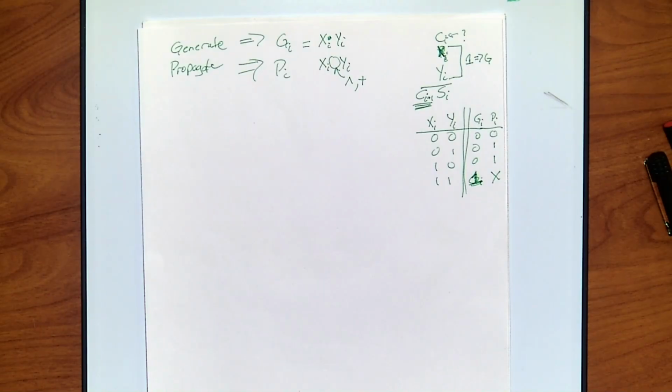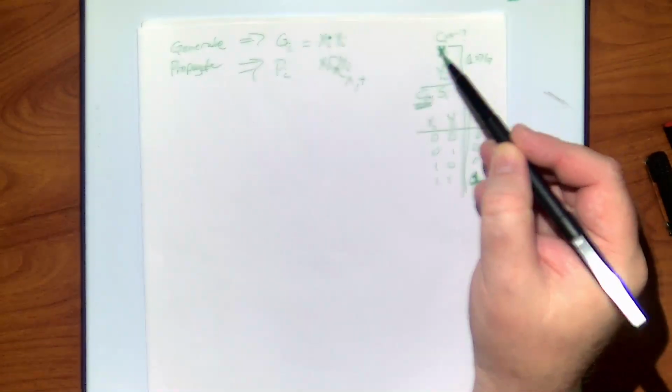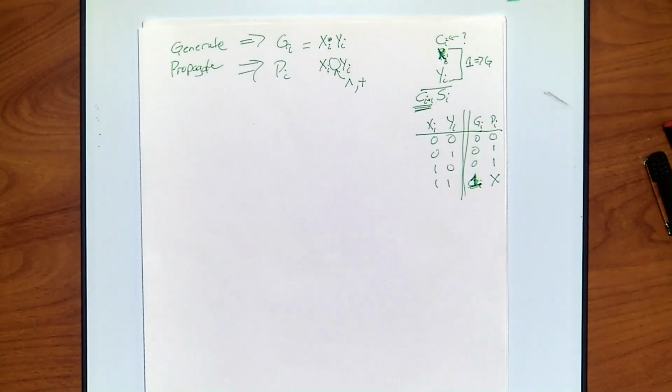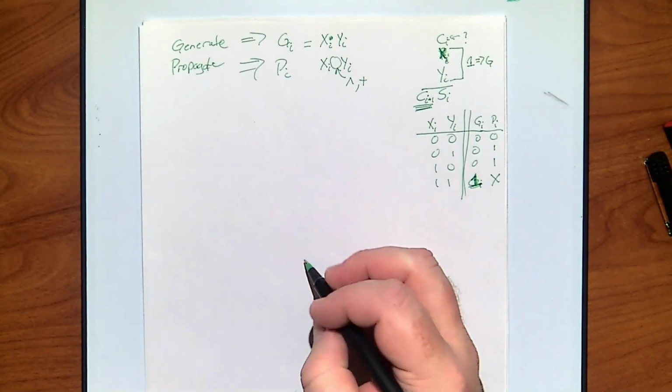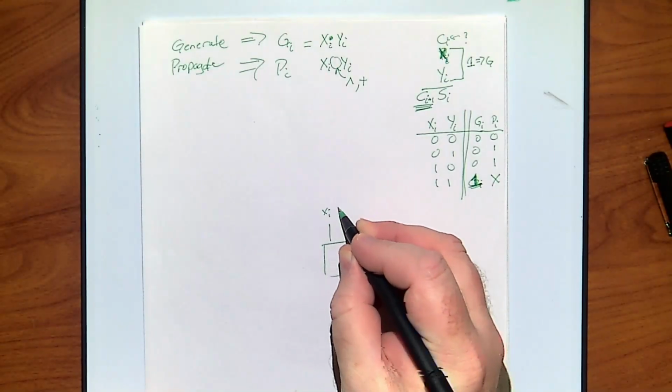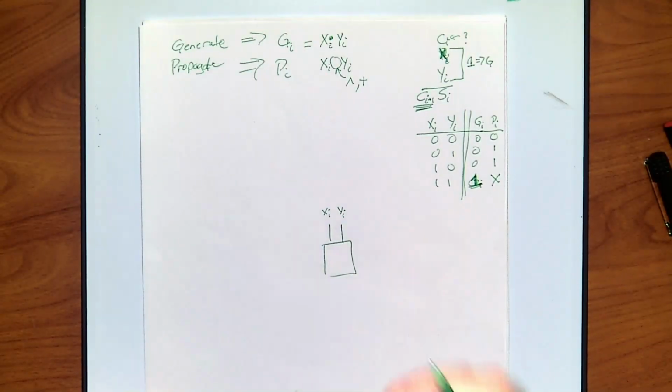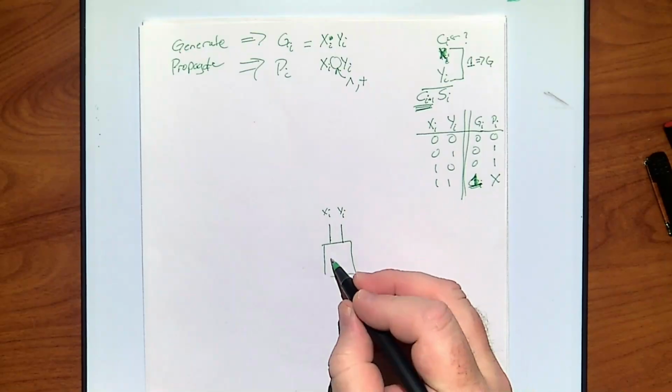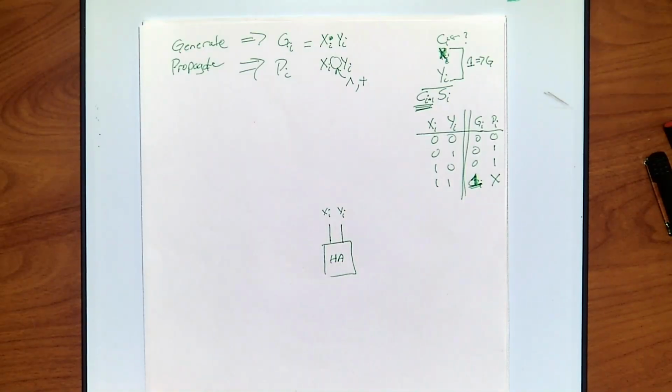Well, in each of these bits, I could do this addition here, but if I consider it right at the start, with whatever xi and yi, I'm not going to have to worry about the subtractive bit coming in. I could just put a half adder here.